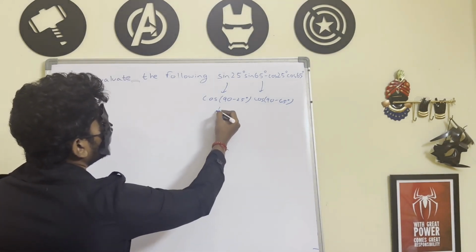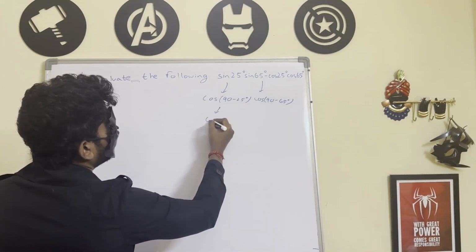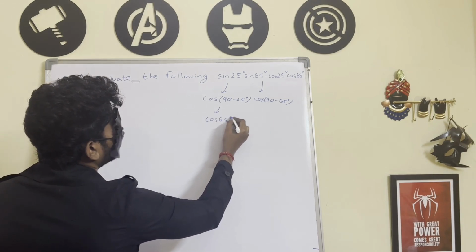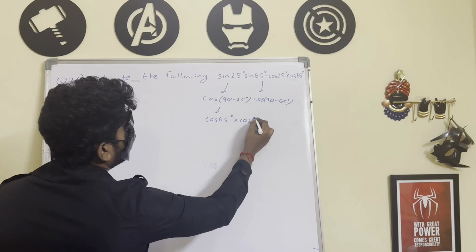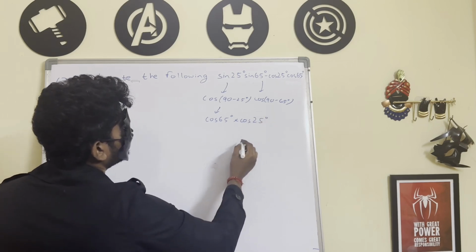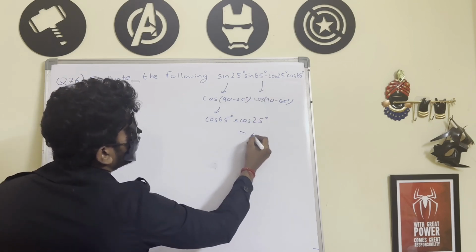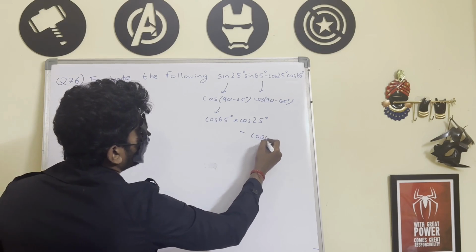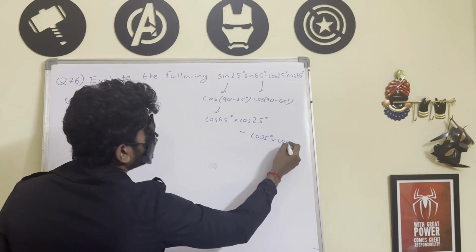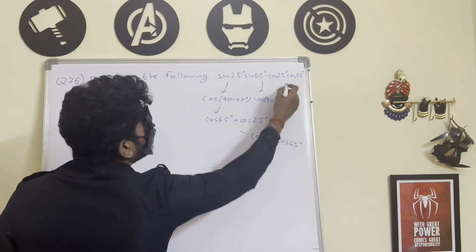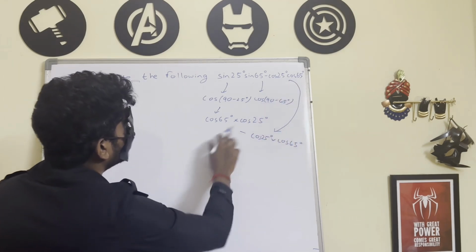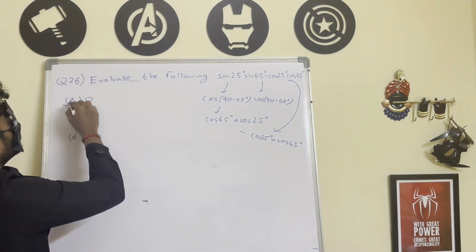So this is nothing but cos 65 into cos 25 degrees, and minus we have cos 25 into cos 65 degrees, this part. So it will cancel out each other and the answer will be 0.